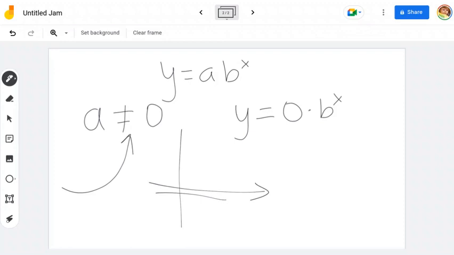Okay? Your b value cannot be 1 or 0. Here's why.